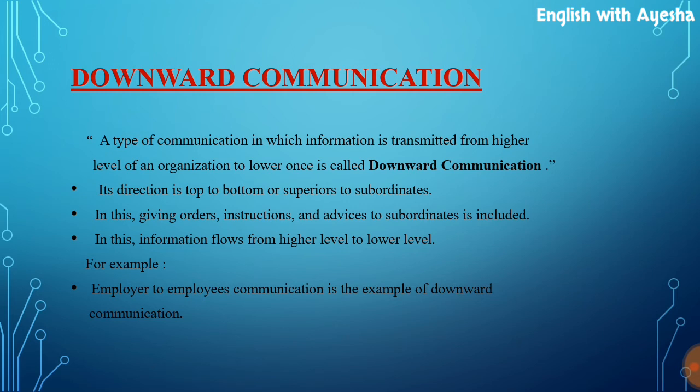In this type of communication, giving orders, instructions, and advice to subordinates are included. Information flows from higher level to lower level. For example, employer to employees communication is the example of downward communication.